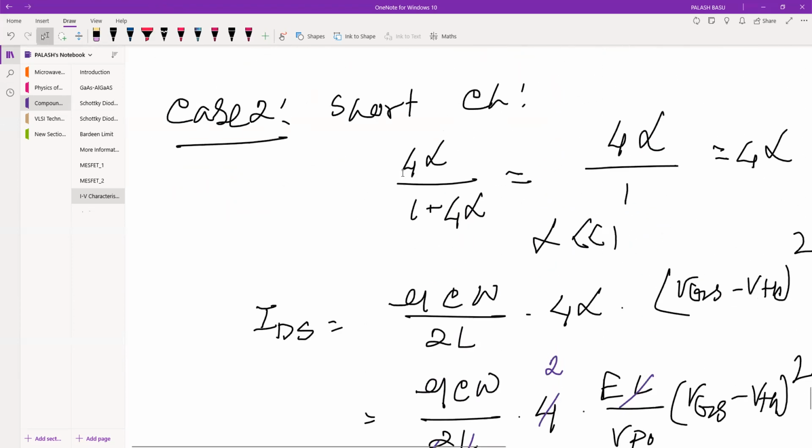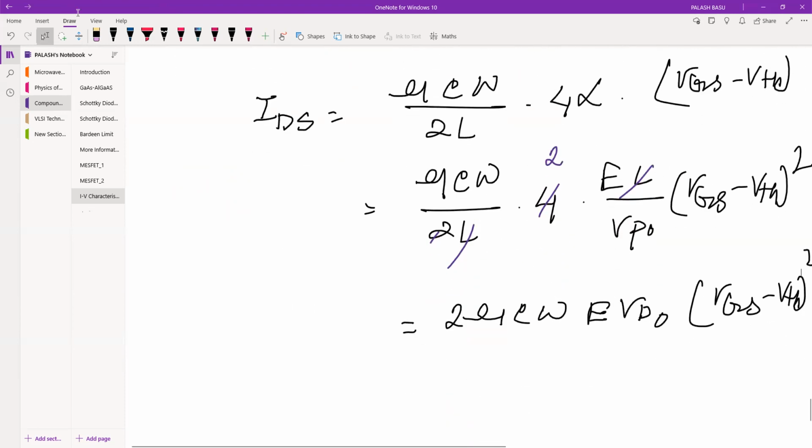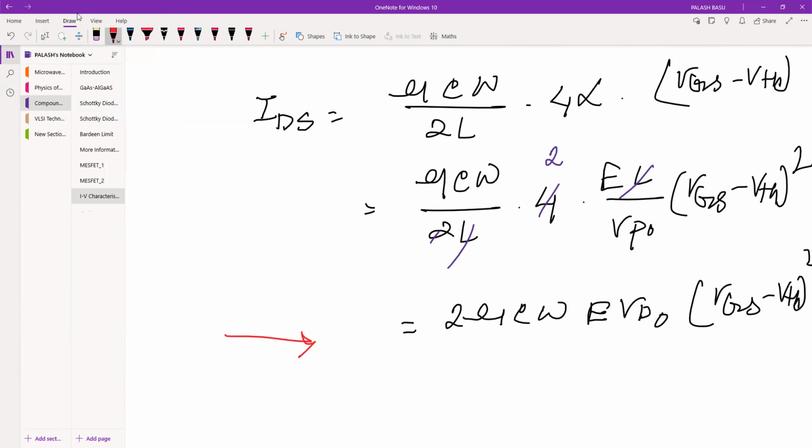Now look at that. This is the short channel part, and the good thing is that there is no L, it's channel length independent. Just look at that.